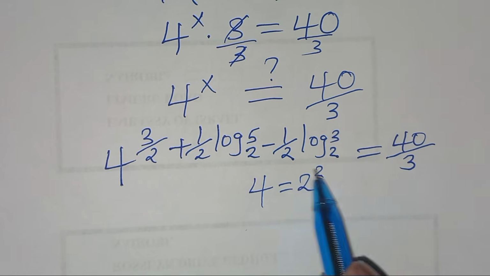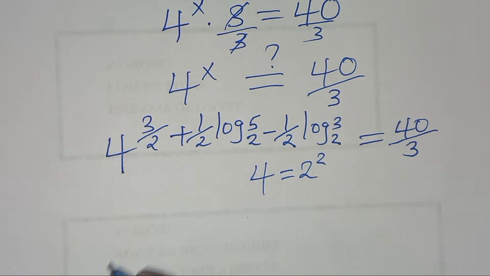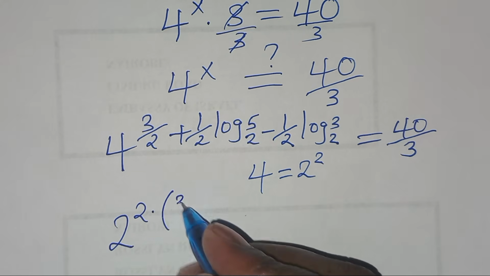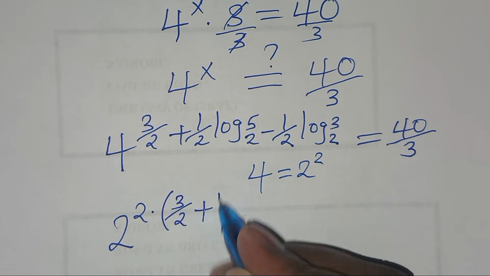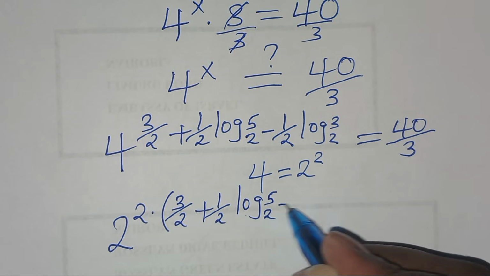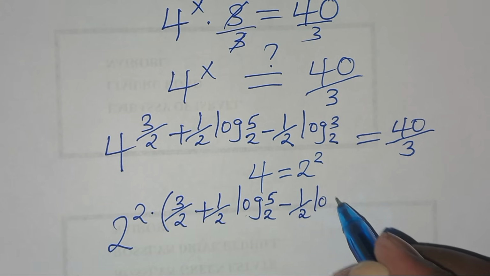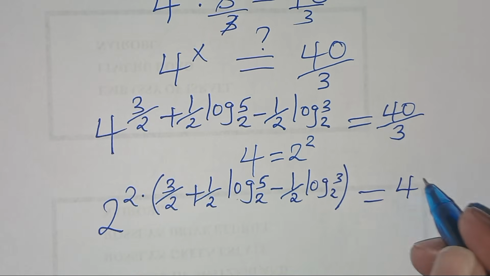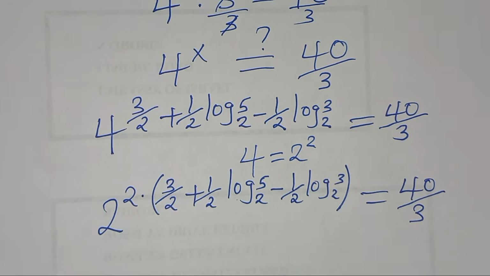So let's substitute the value of 4 as 2 to the power 2. So we have 2 to the power 2 times 3 over 2 plus a half log 5 to base 2 subtract a half log 3 to base 2. This should give us a value of 40 divided by 3.